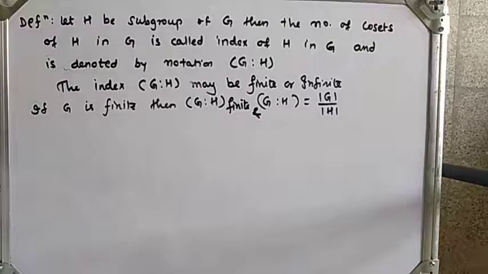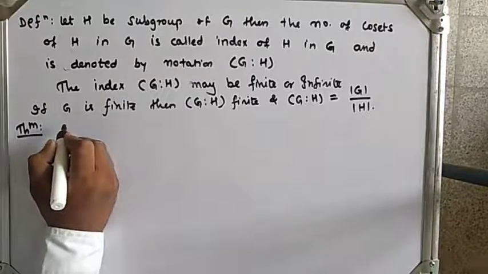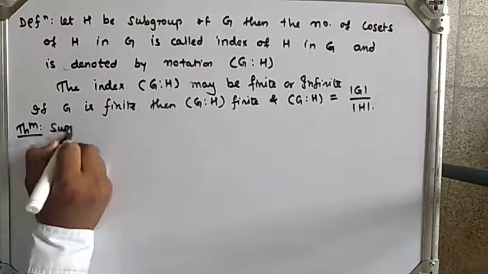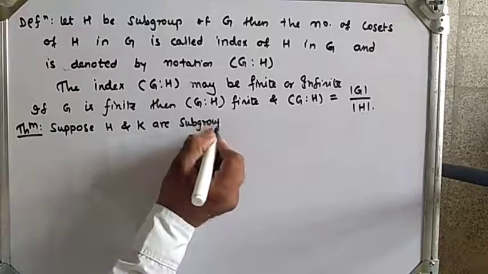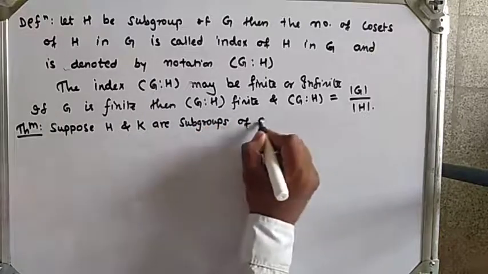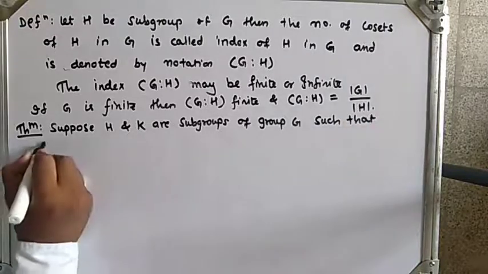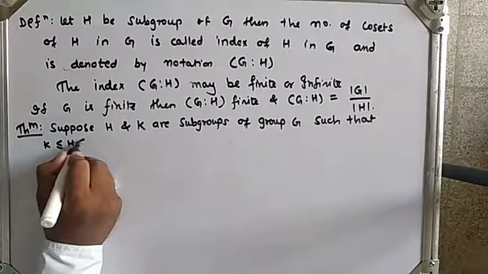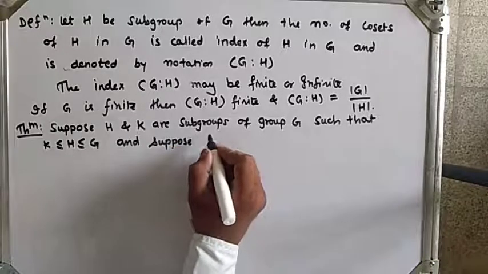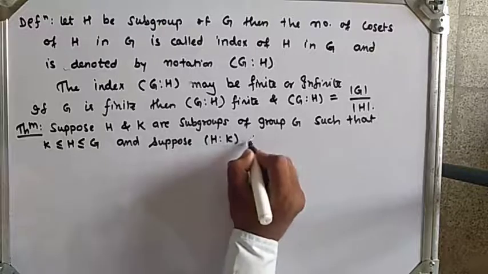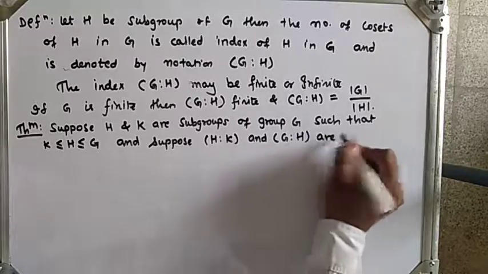Now we will see the theorem. Suppose H and K are subgroups of group G, such that K is a subgroup of H and H is a subgroup of G, and suppose the index of K in H, [H : K], and [G : H], the index of H in G, are both finite.